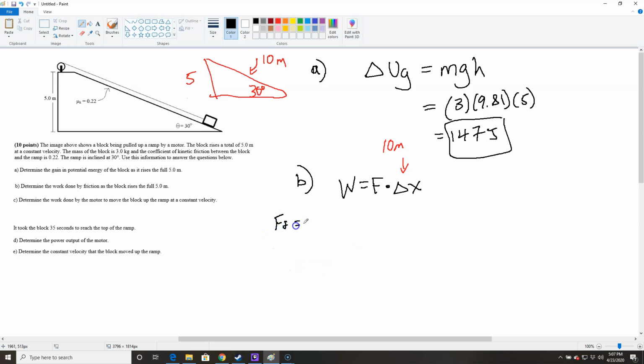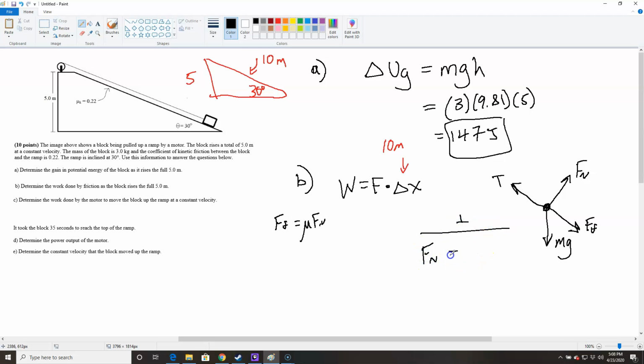As for the force of friction, this one's going to be a little bit tricky. Remind you, the force of friction equals mu times the normal force. On a ramp like this, here's your normal force, mg, friction's this way, and in this particular case we have tension. The perpendicular direction for the sum of forces would tell us the normal force is going to be equal to mg cosine theta.